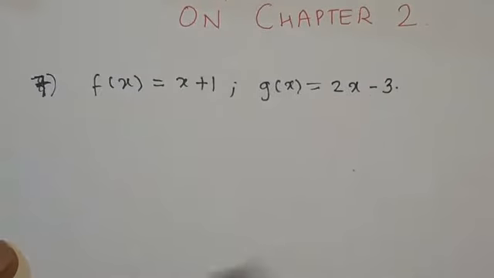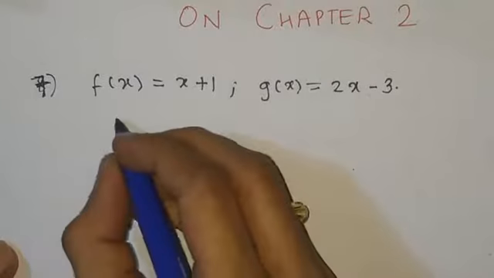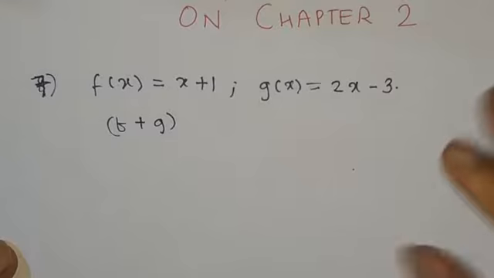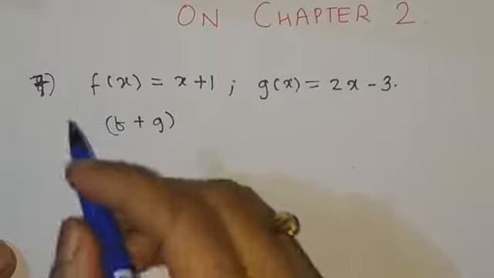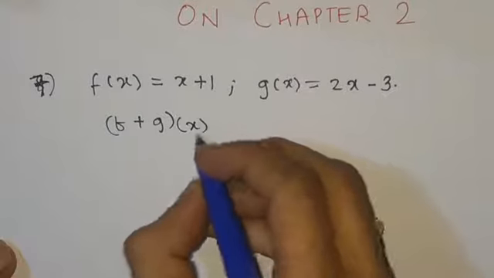This problem is simple. We have to just find f + g, f - g and f / g. Now f + g, if we want to find, then we have to take one x which belongs to the domain of f as well as g. So let us take an x.